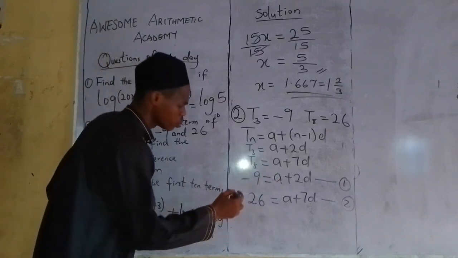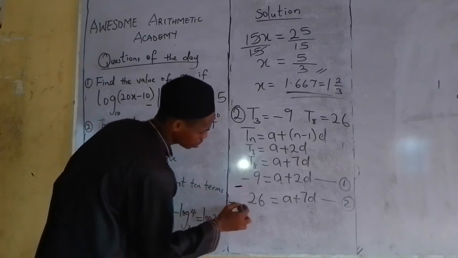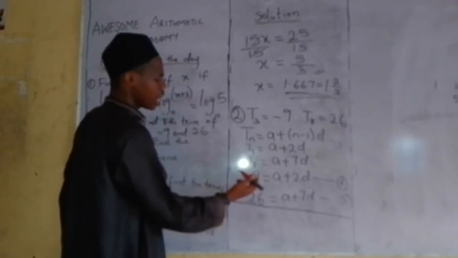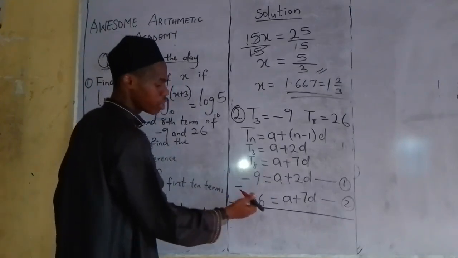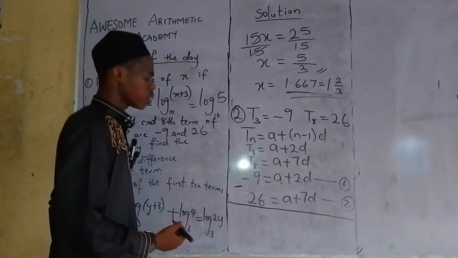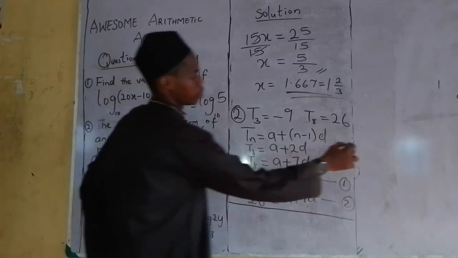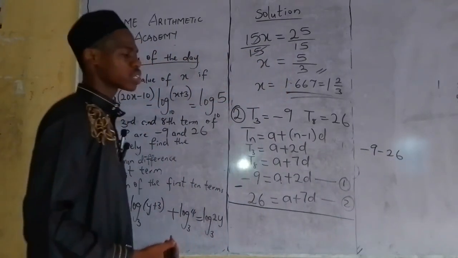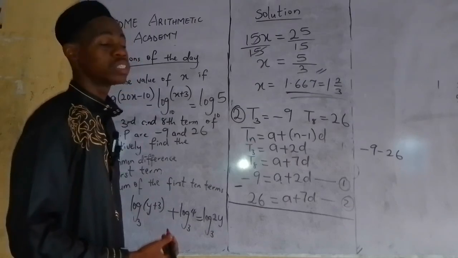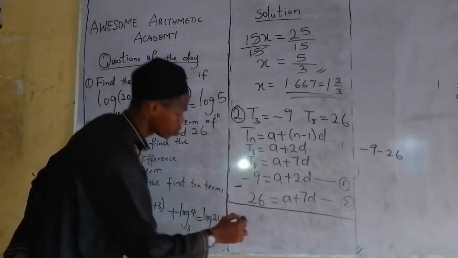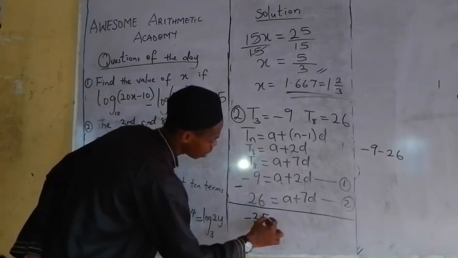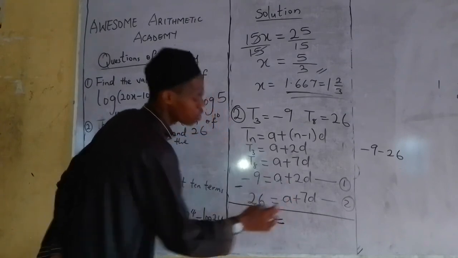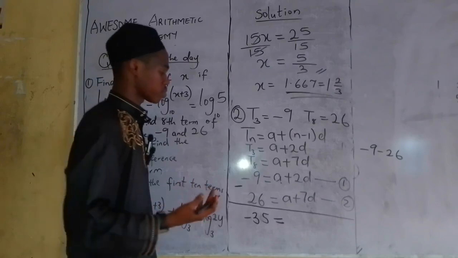And that's what we are going to do when I subtract: -9 minus 26 should give us what? Minus 9 minus 26. That means you can just add 9 to 26 and put the minus in front, which will be -35 equals A minus A is 0 now.